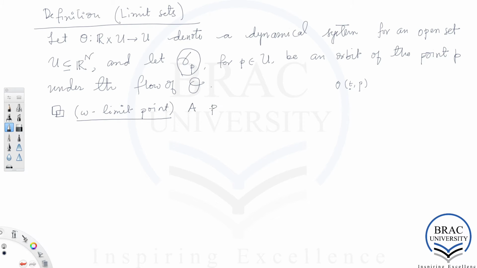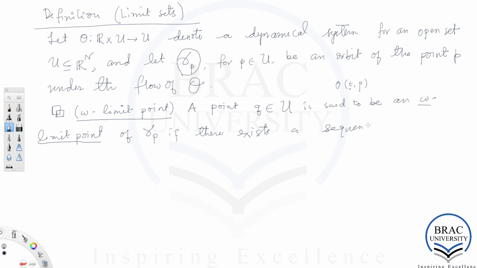It says that a point Q in the underlying open set U is said to be an omega limit point of gamma p, the orbit of p, if there exists a sequence of real numbers, which we denote by Tm, such that Tm goes to positive infinity as m approaches infinity, and the following holds.